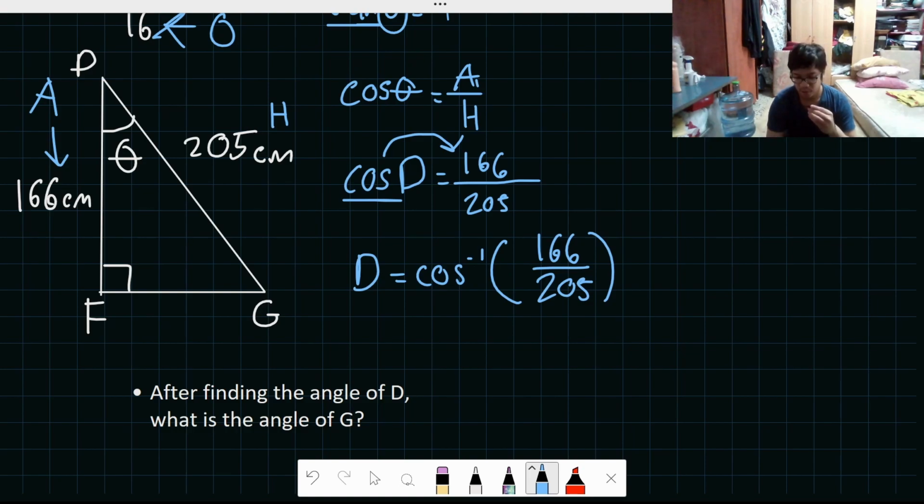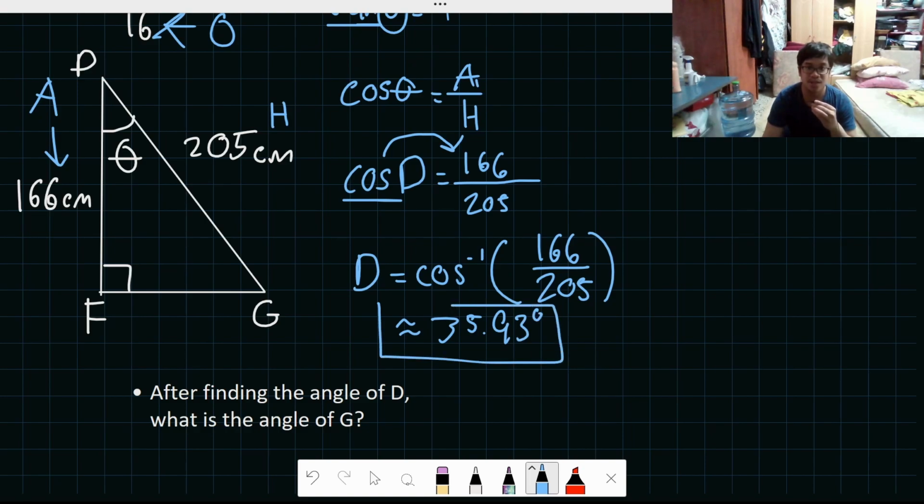So arc cosine of 166 divided by 205. According to my calculator, at two decimal places, the answer is 35.93 degrees, right? So your angle D is 35.93 degrees. Okay, so that's for the angle D.